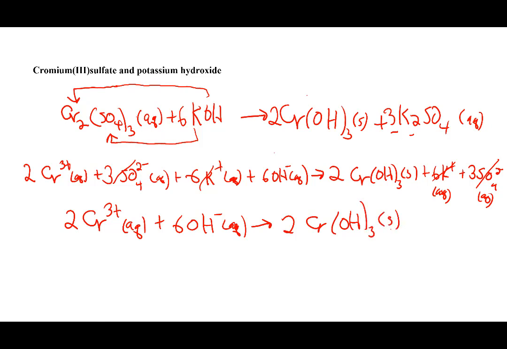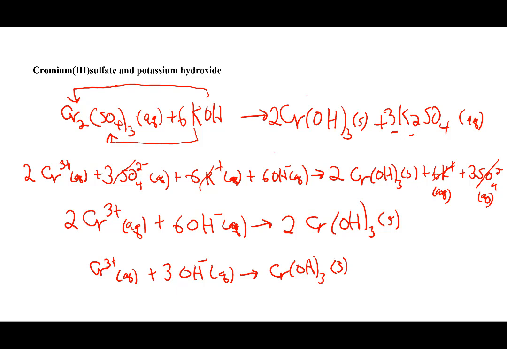Now, this is an example like regular balancing reactions where you have stoichiometric coefficients that can all be cut in half. And so we have to cut that in half. So the real reaction then is Cr3+ aqueous. You have to get the smallest integers you can, plus 3 hydroxides aqueous goes to make Cr(OH)3 solid.